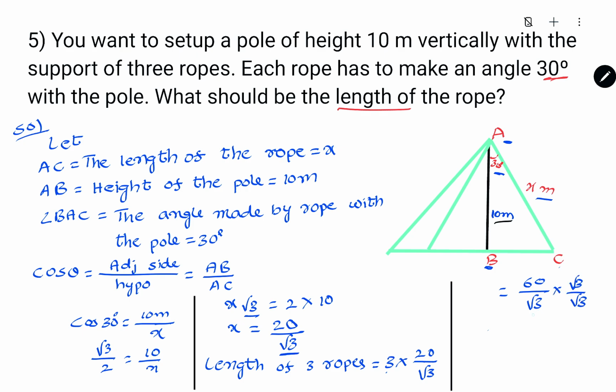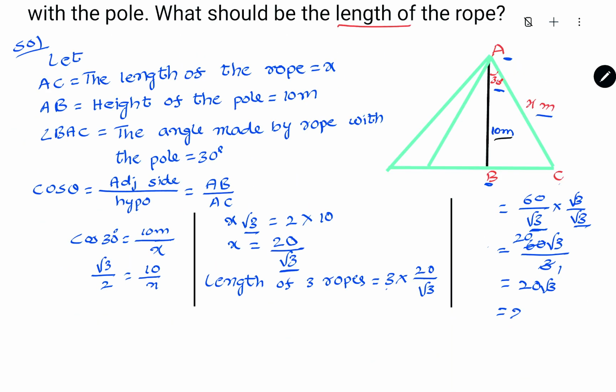Here we are doing rationalization. 60 into root 3, 60 root 3, over root 3 into root 3, which is 3. 3 1 ja 3, 20 ja 60. So 20 root 3. This is the 3 ropes length.